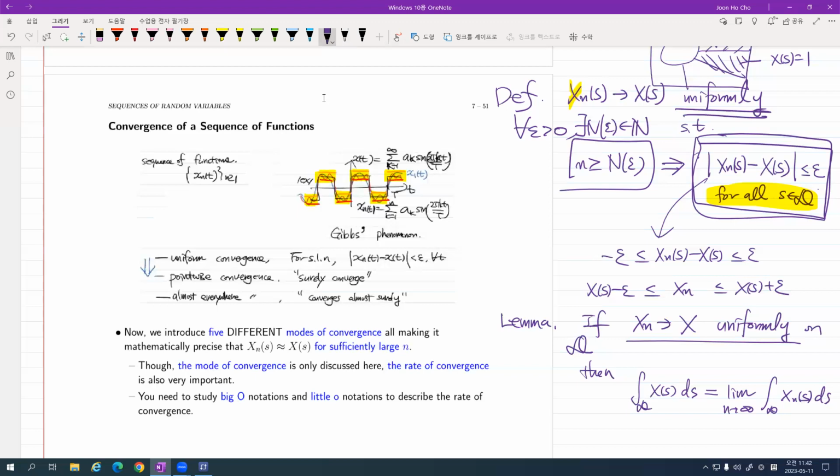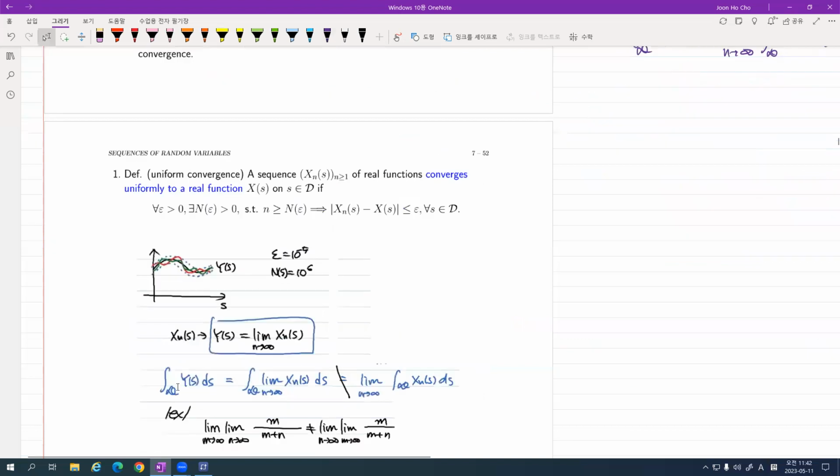Anyway, this is the first mode of convergence. There are many different definitions, and the first is uniform convergence.